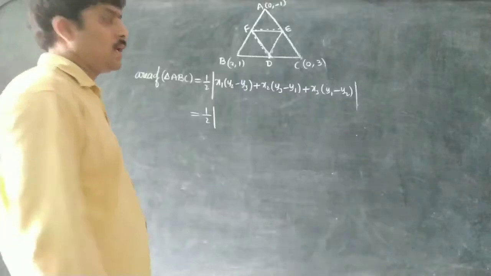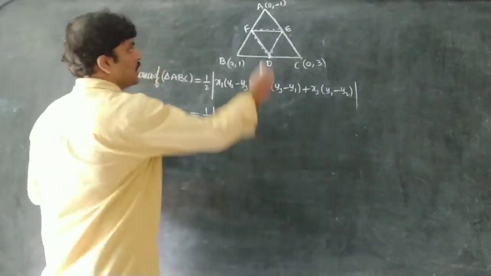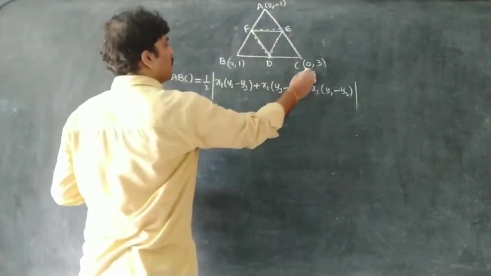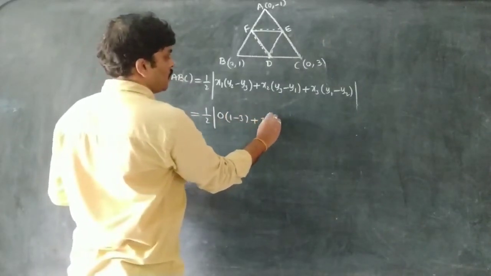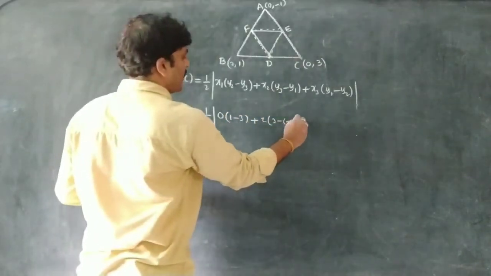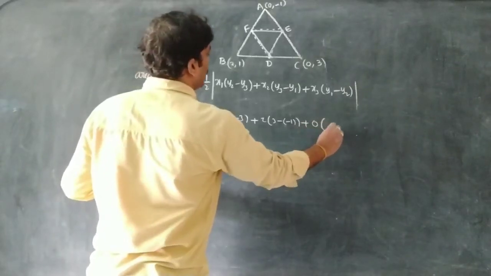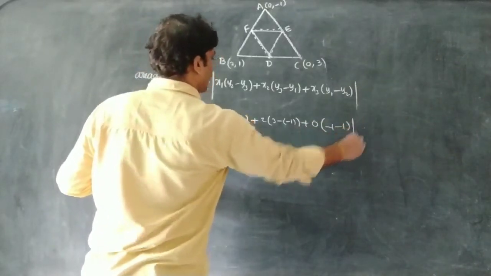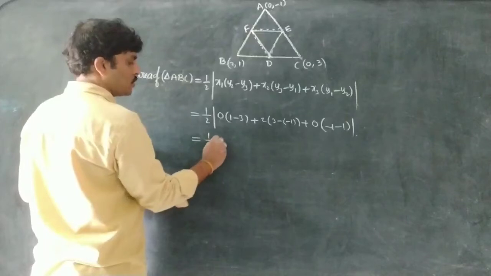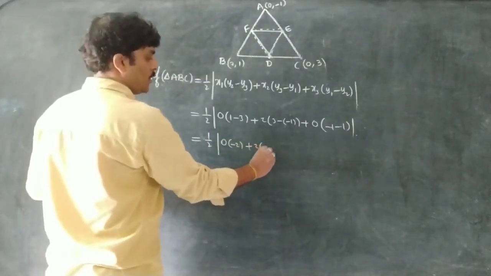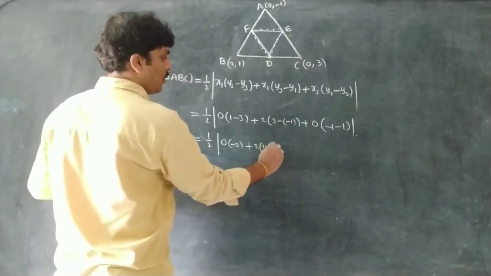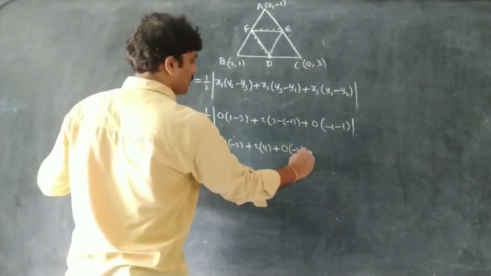Now find the area of triangle ABC. x1 y1, x2 y2, x3 y3. 0 into 1 minus 3, 2 into 3 minus minus 1, 0 into minus 1 minus 1. Half modulus 0 into minus 2, 2 into 3 plus 1, 4. 0 into minus 2.